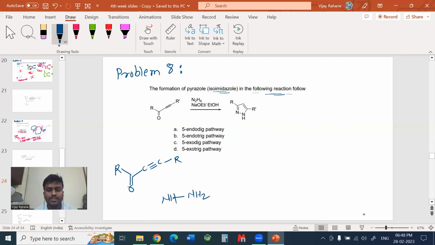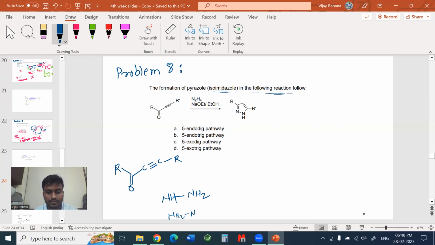This base, OEt minus, abstracts one proton from this NH2NH2, and this activated NH forms an imine bond with this one.